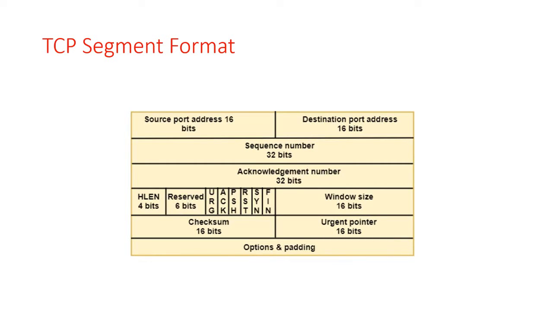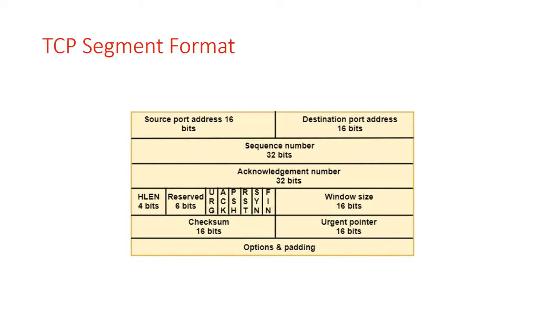A stream of data is divided into two or more TCP segments. Here we are using a 32-bit sequence number field, and it represents the position of the data in the original data stream. Okay, so the position of data is called the sequence number.